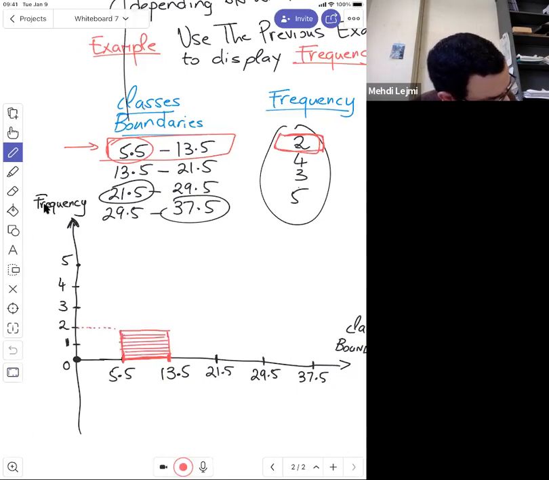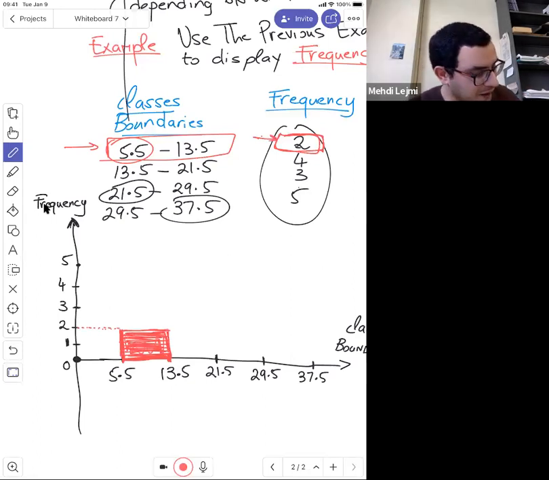The length is my first class interval, and the height is the frequency. This red rectangle represents the frequency of the first class. As you can see, the height of the rectangle is 2, because that's the frequency of the first class.